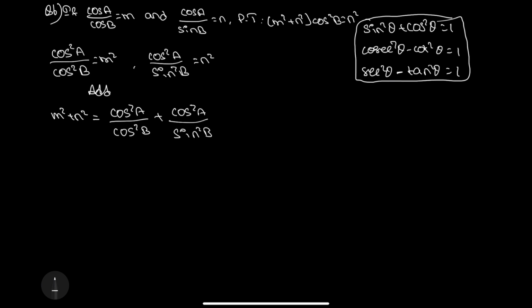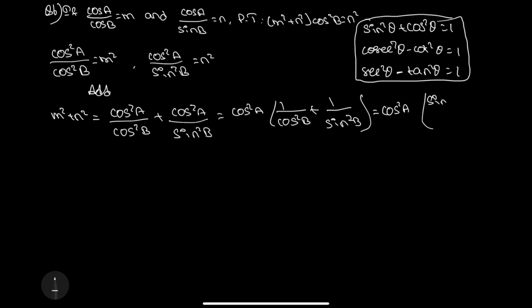So here we have the same numerator. Let's take it out as common. We'll get cos^2 a (1/cos^2 b + 1/sin^2 b). So here we have to take the LCM. We'll get cos^2 a ((sin^2 b + cos^2 b) / (sin^2 b cos^2 b)).